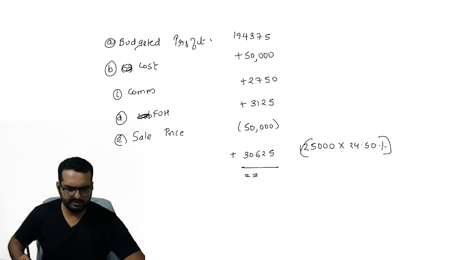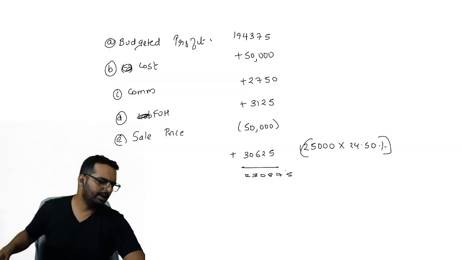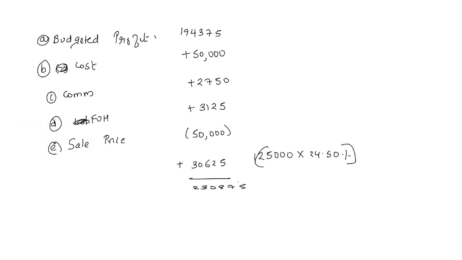Two lakh 30,875. Exactly. So we are done with it, friends. Your answer tallies. Write down this and finish it off. And think now, how does it reconcile?